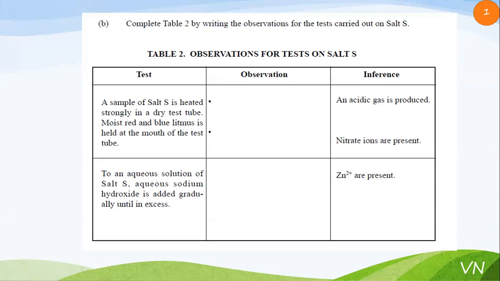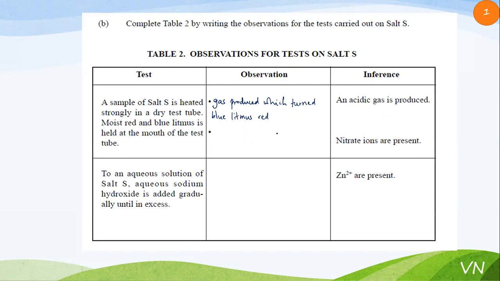So for the first one, we are expected to see that a gas is produced which turned blue litmus to red. So from this observation, we can make an inference that indeed an acidic gas is produced.